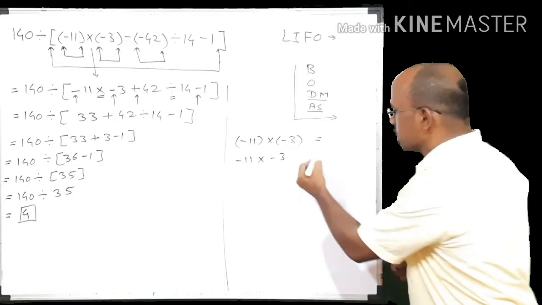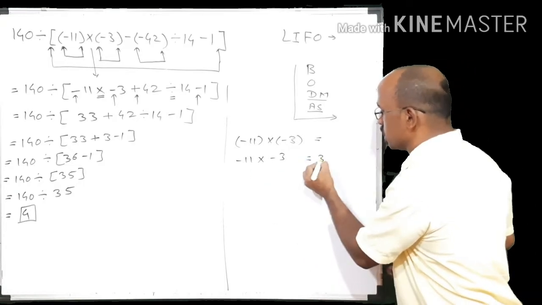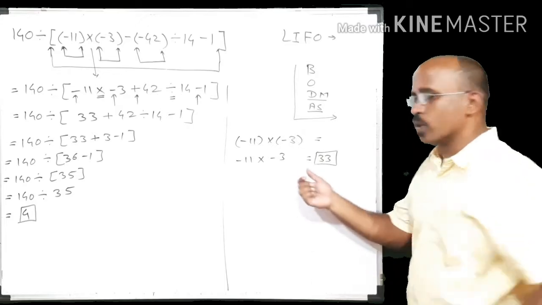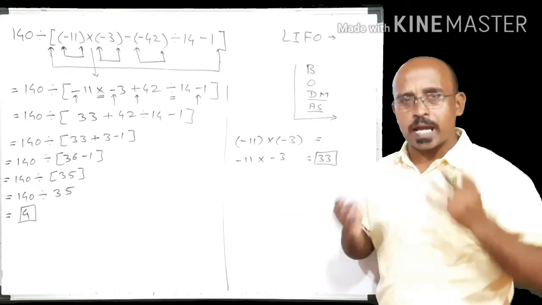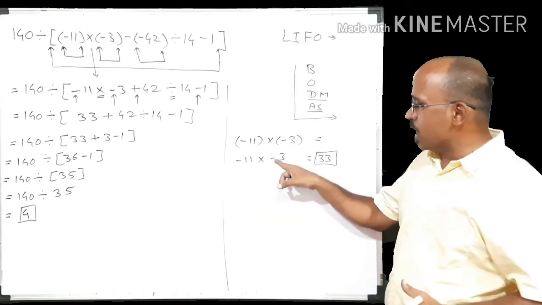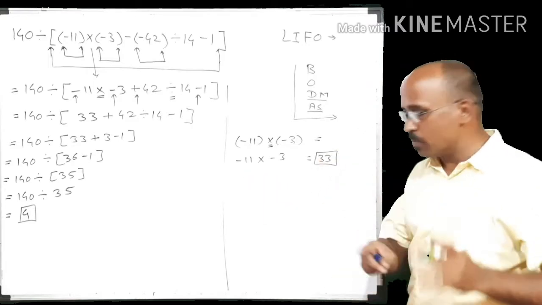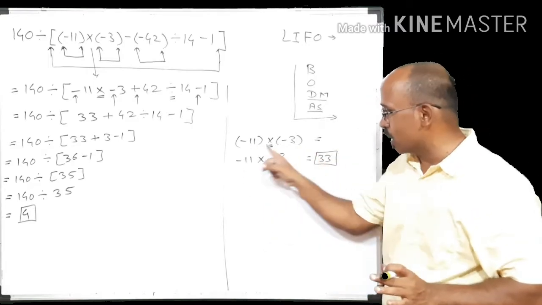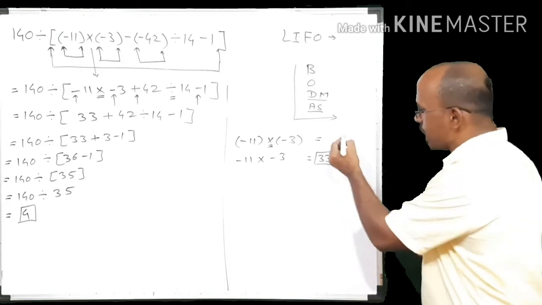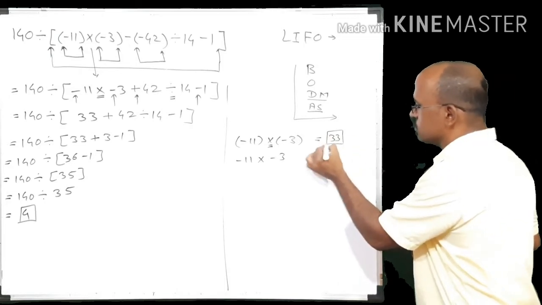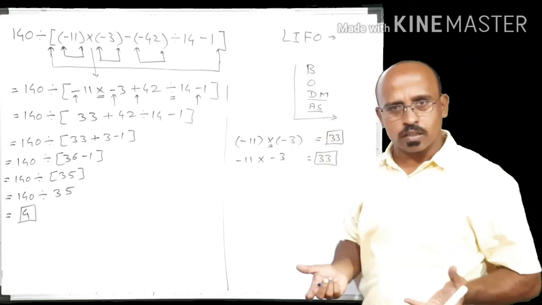Okay, and after that we multiplied that, which is nothing but plus 33. So students, what would have happened? Instead of removal of the bracket, we would have multiplied them directly, minus 11 into minus 3. Answer will be plus 33. Answer would have been plus 33.